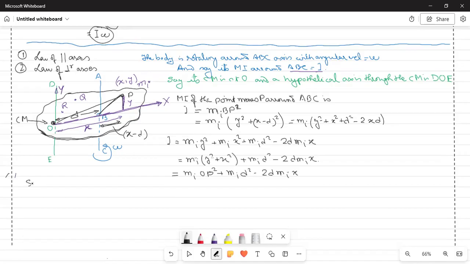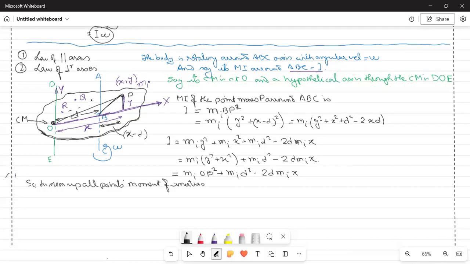So to sum up all points' moments of inertia, that means now we are trying to sum up the moment of inertias for P, Q, R, S, T, whatever.